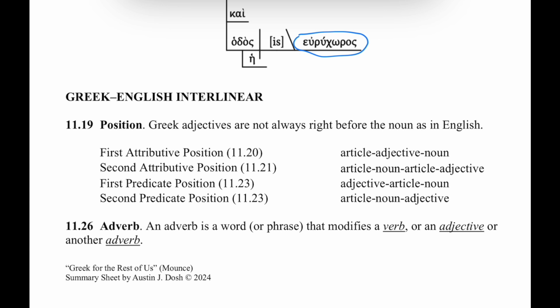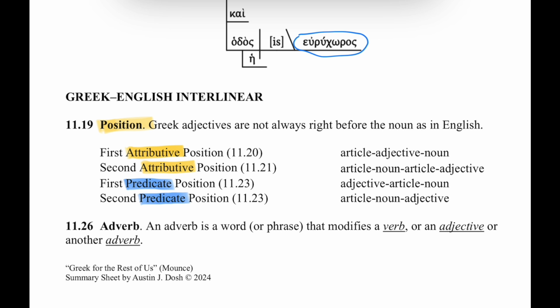So the first thing, really the only thing here, is the position to note. There's a few different positions. Greek adjectives are not always right before the noun as in English. So there's attributive positions, and then there's also predicate positions. And then these are just common terms: the first attributive position, the second attributive position, the first predicate position, and the second predicate position.